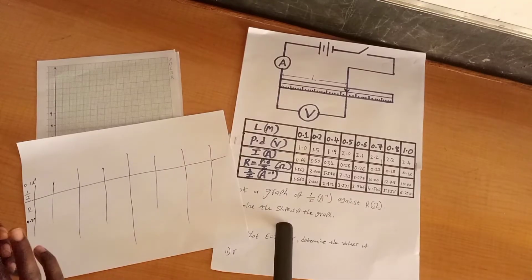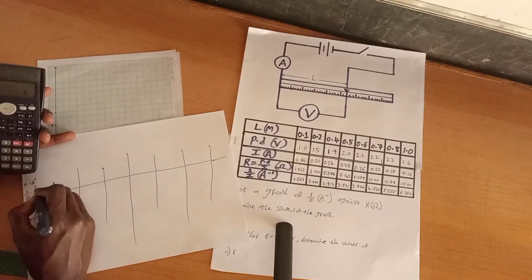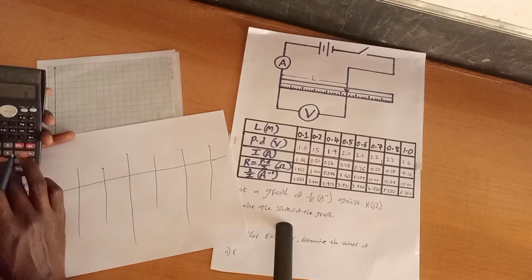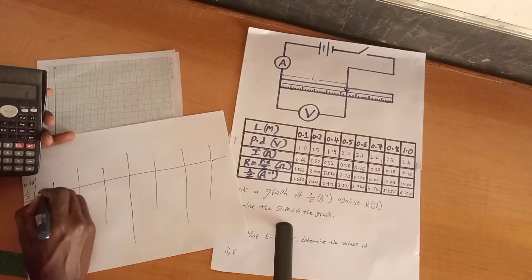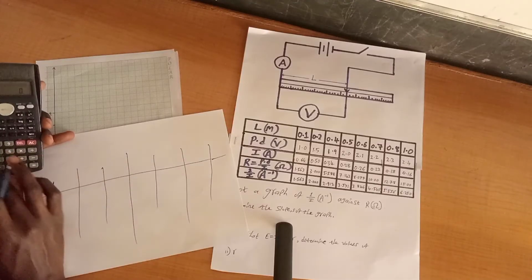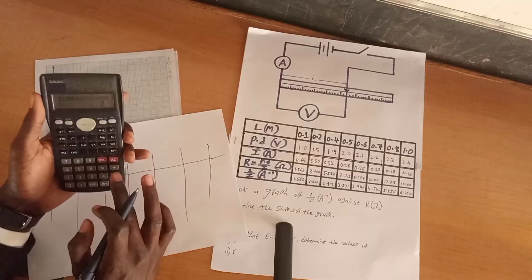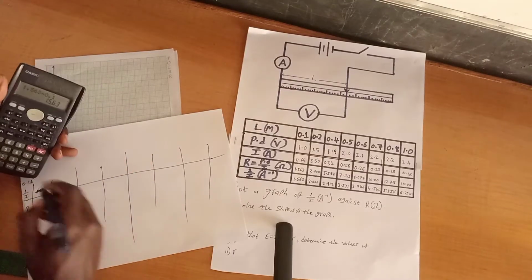So let's see now what we have here. Let's start with the reciprocal of current. This one will be 15.63, because we have 1.563 divided by each small square, which is 0.1, so we get 15.63.